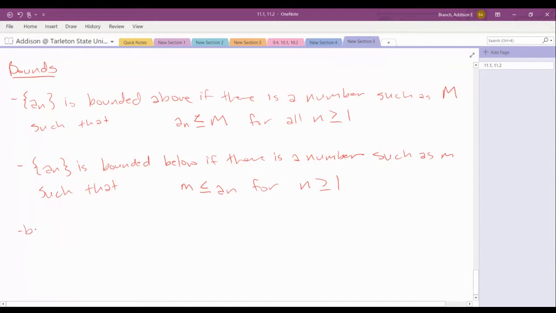And then we can say that a bounded sequence is bounded above and below.